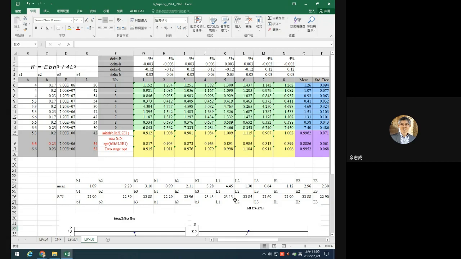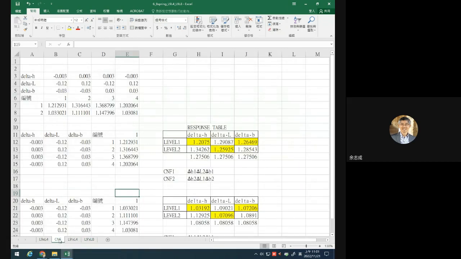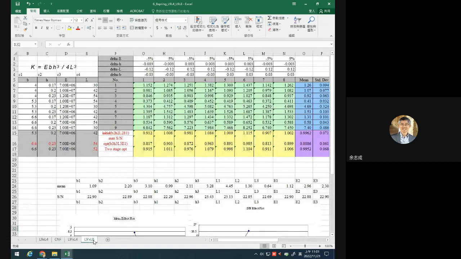But in this case, L9 by L8, the total number of experiments will be 72. It is a lot. Let's try to reduce the number of experiments by compounding the noise factor combinations. In the classroom example, we were using compound noise for only B, L, and H, right? Let's try to do the compound noise for 4 noise factors.